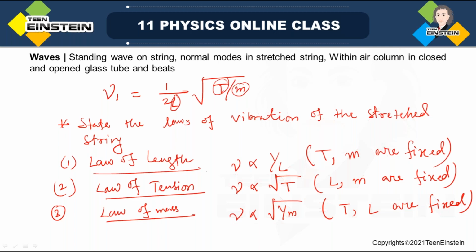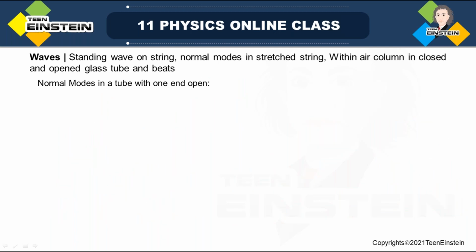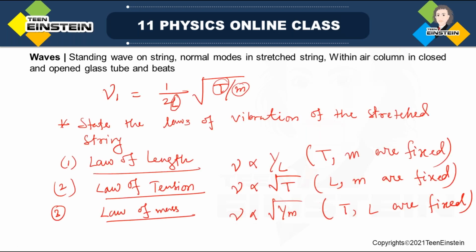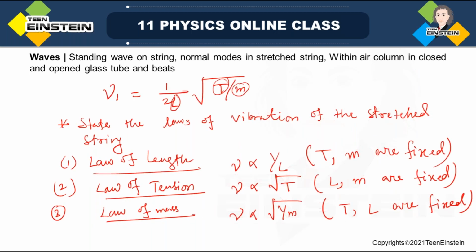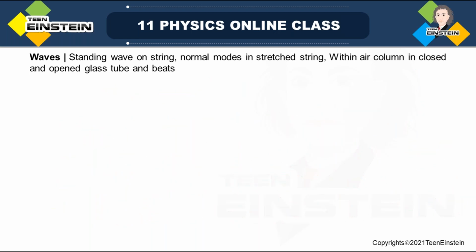These laws can be modified if rho, the density of the string, and the diameter of the string are given in some cases. We know from here we can write 1 by 2L root over T by M, the fundamental frequency.